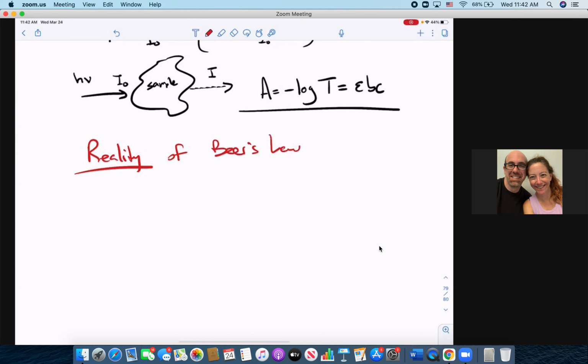Have you ever actually looked at a law that you learned in class and discussed all the assumptions that are made for it to be true? Are there any other laws that we've talked about in class besides Beer's law? The ideal gas law. That one works with an ideal gas, doesn't it? It's kind of hedging your bets a little bit because it's the ideal gas law, but it does work. Hooke's law works.